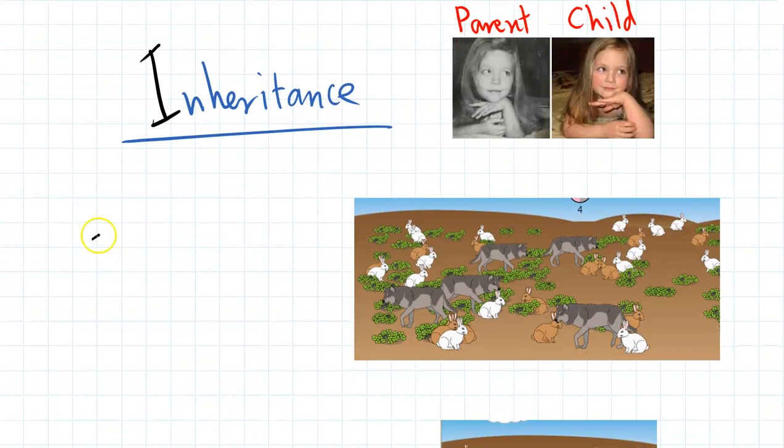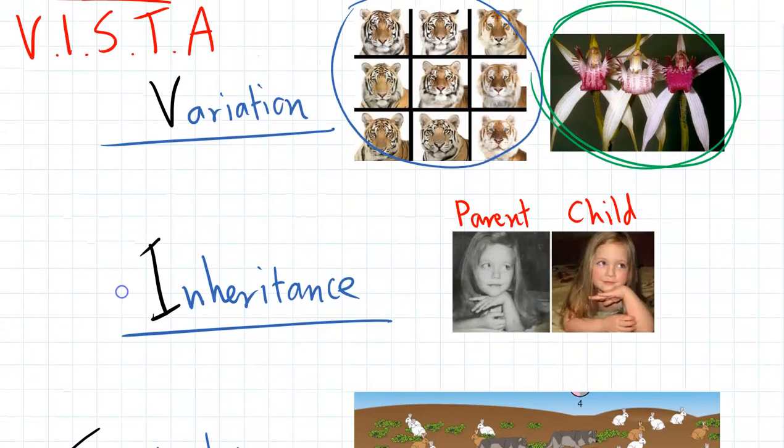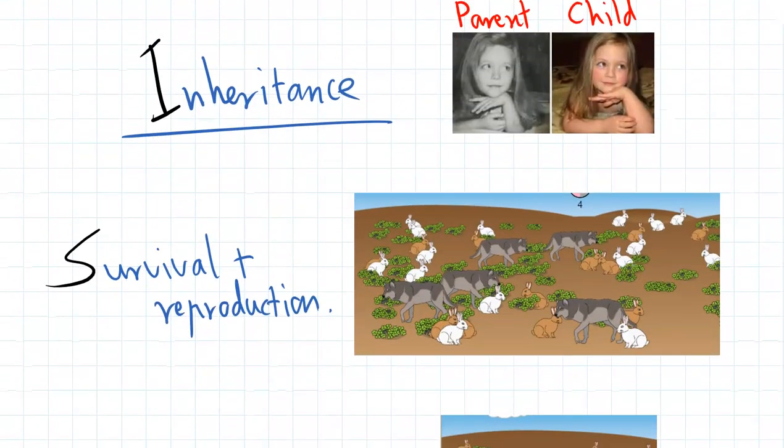The S stands for survival and reproduction. And it's the fact that because there's variation in every population, that means some of those individuals are going to have a better chance of survival than the others.